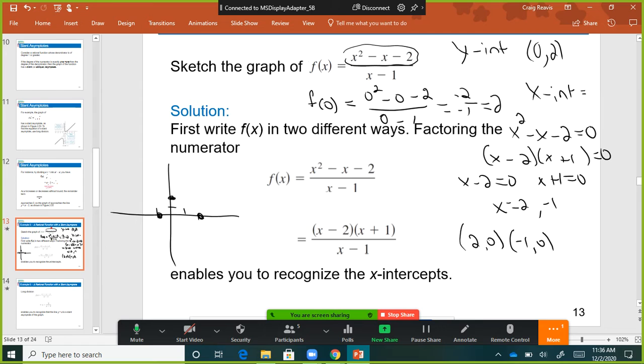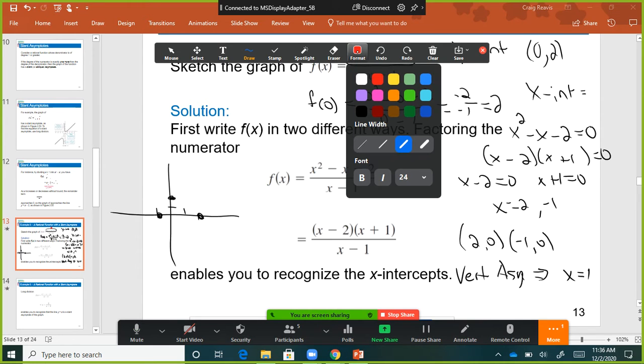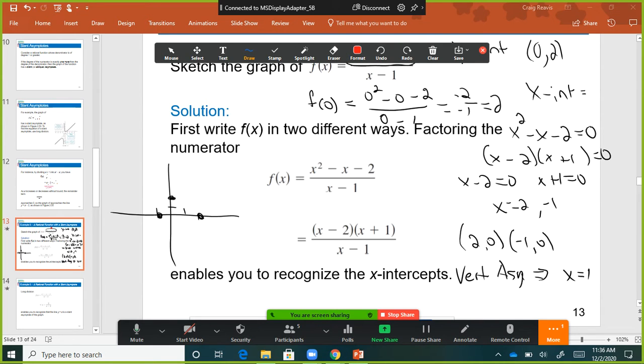So the denominator is x minus 1. So a vertical asymptote is going to be when x equals positive 1, right? 1 minus 1 would be 0. So at x equals positive 1, and I'm going to change the color of this, my asymptotes. So there's going to be an asymptote right there.